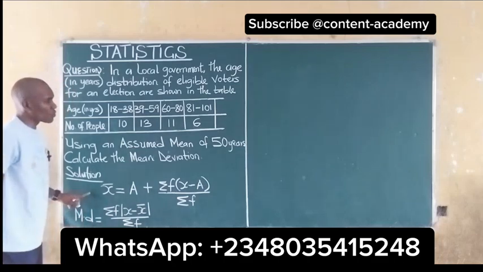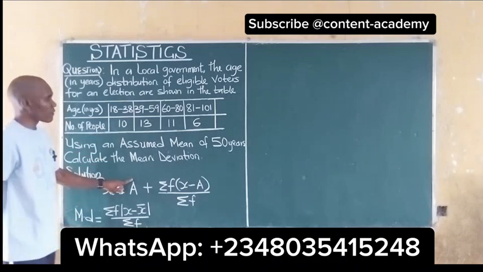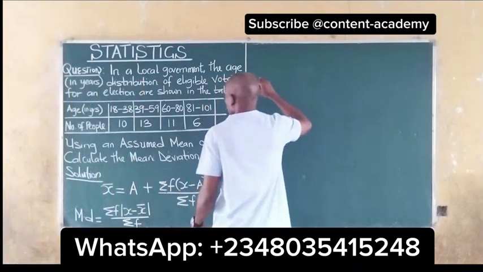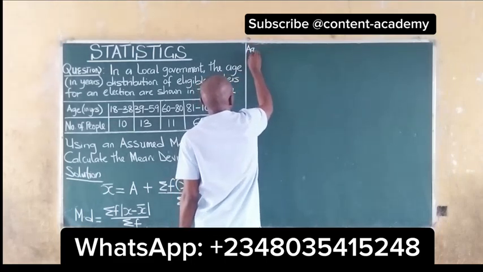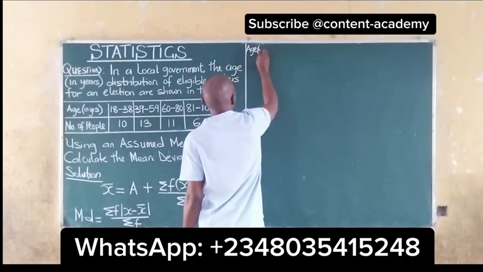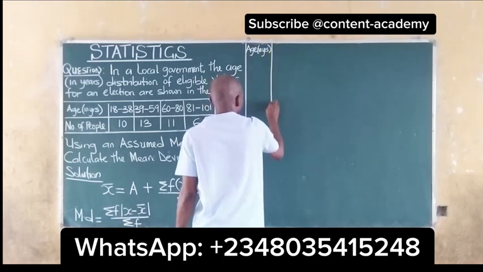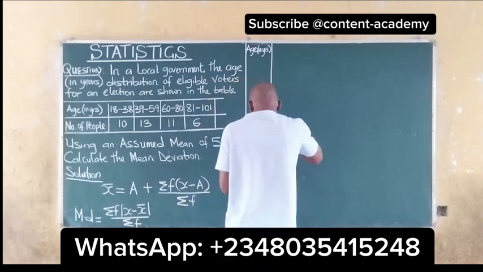Now, the next thing to do is to form a table so that we'll be able to compute what we have here. The first column is age, in years. The second is the number of people.